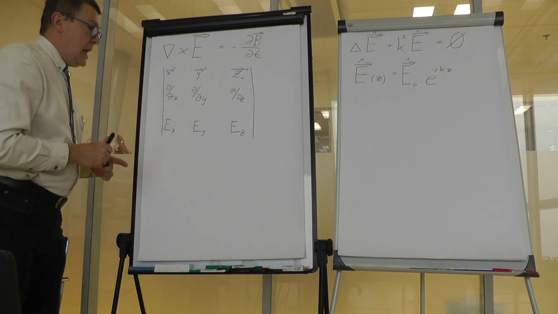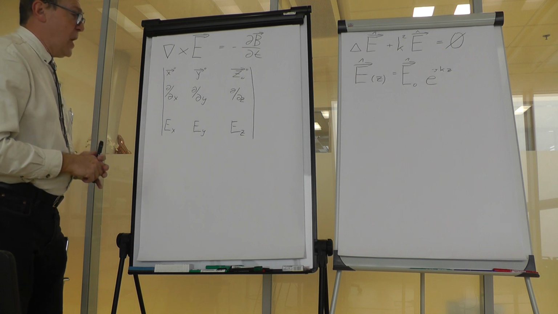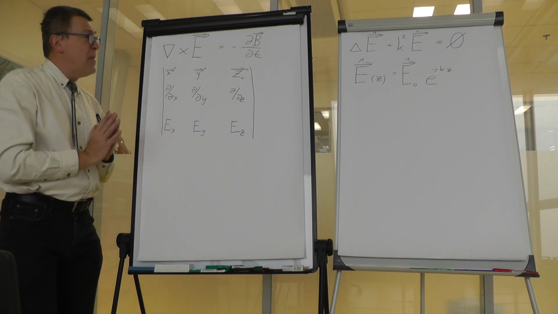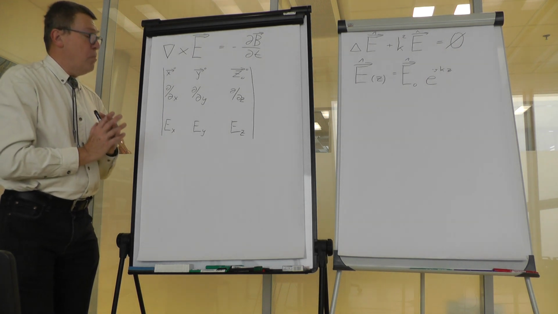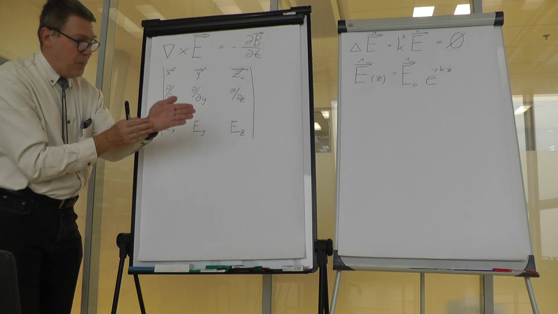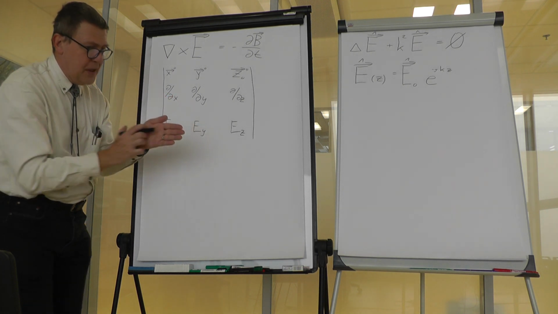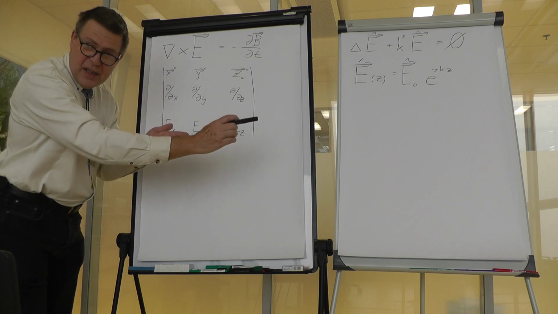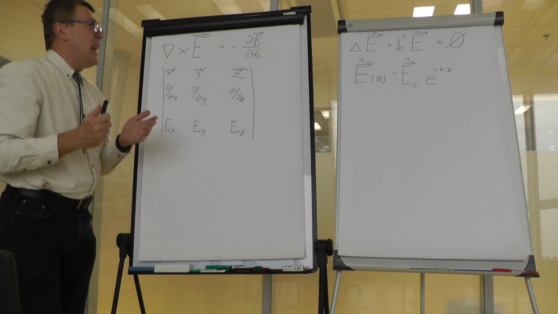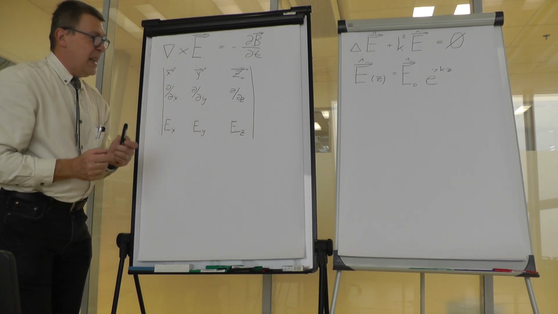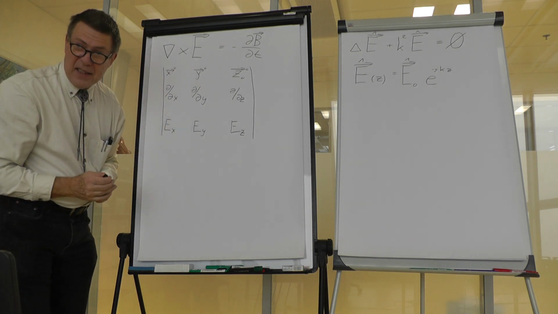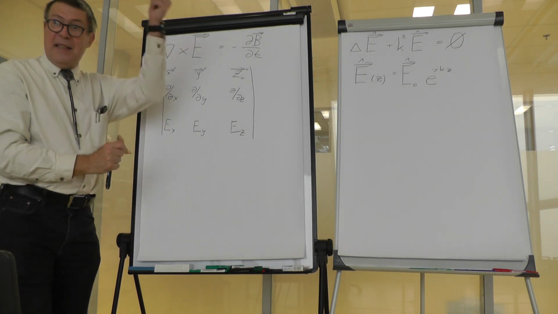But now let us consider that we have a wave. Let's orient our coordinate system. We first oriented it so that its axis z pointed to the direction of propagation. So let us now orient the electric field strength so that it points to the x direction.